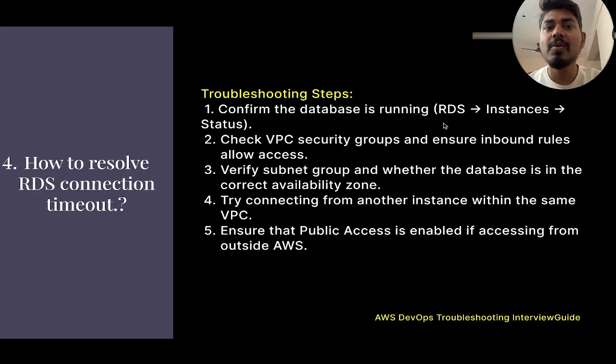Due to this, we are not able to access our database from outside of AWS or the VPC. If it is a different VPC, we have to create VPC peering, or we use a jump box to connect to our private database instances.